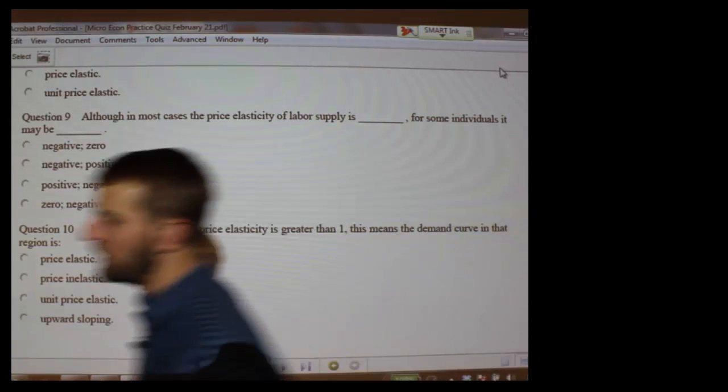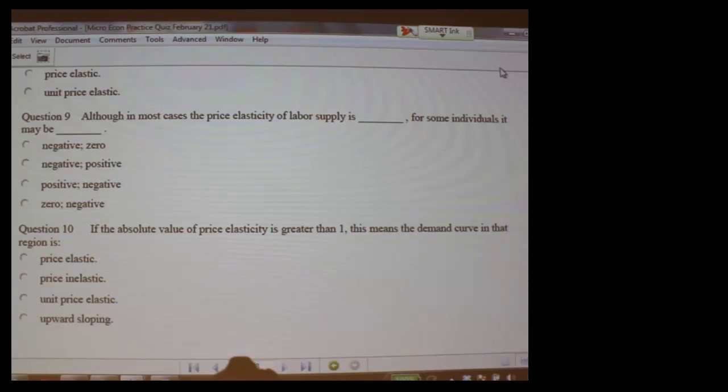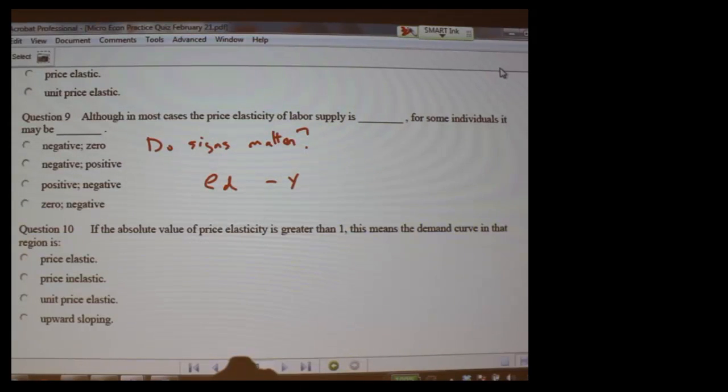And let me maybe at this point summarize some things. So we're talking about do signs matter? So let's talk about price elasticity of demand. Do they matter? Yeah. Sorry, not really, actually. No, they don't. Let's just say always negative.